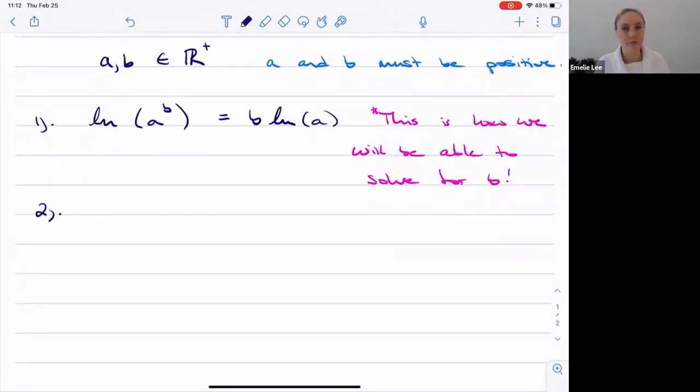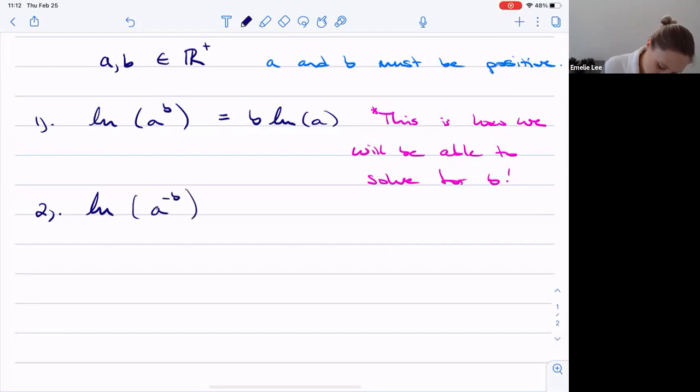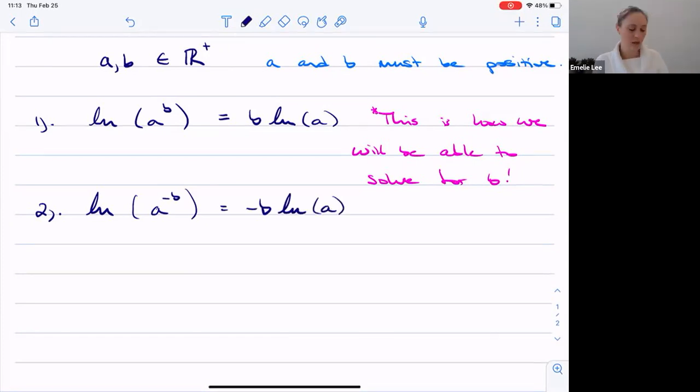Second rule, very similar, and you might argue that they're the same. The natural log of a to the negative b, well, what do you think it is? Just looking at the first rule, yeah, it becomes negative b times the natural log of a. One thing that I want you to remember, though, is that a to the negative b from last day is the same as 1 over a to the power of b, right?